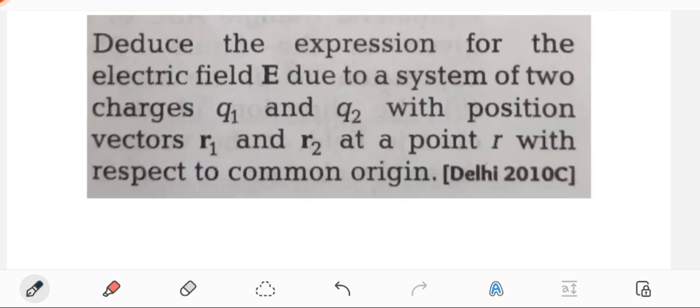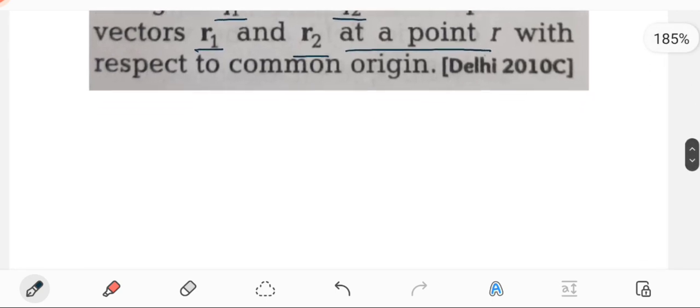Now the next question is again on the screen, students. Deduce the expression for the electric field E due to the system of two charges Q1 and Q2 with position vectors R1 and R2 at a point R with respect to the common origin. From the question, let's draw the diagram first.